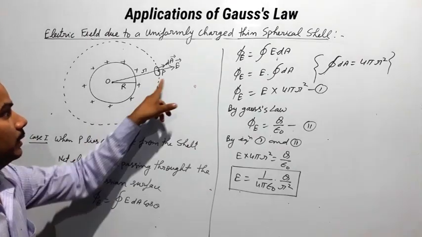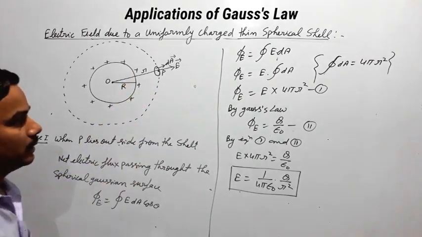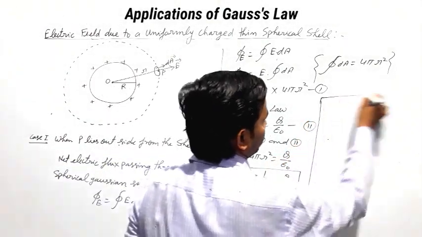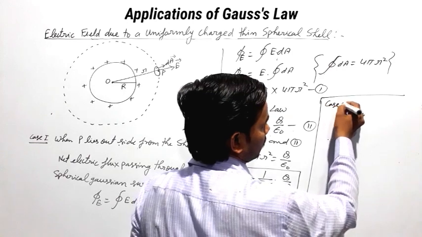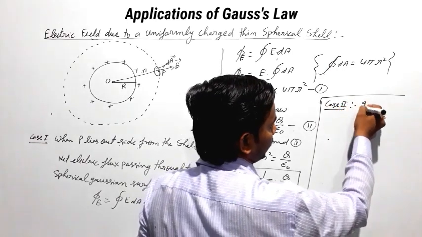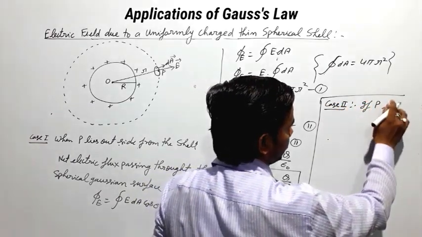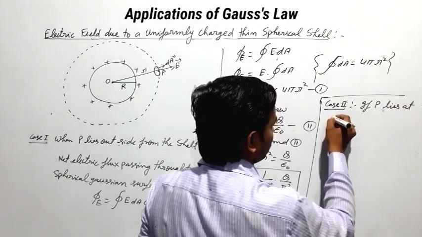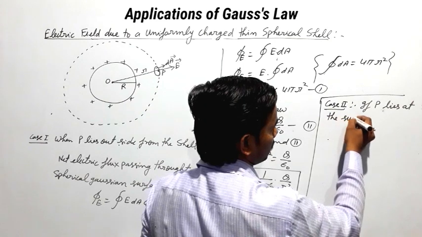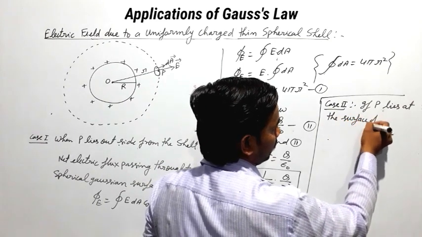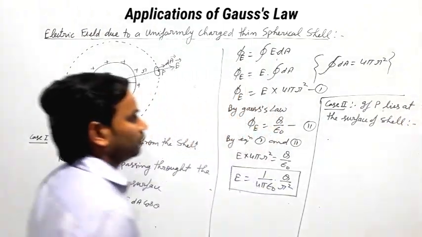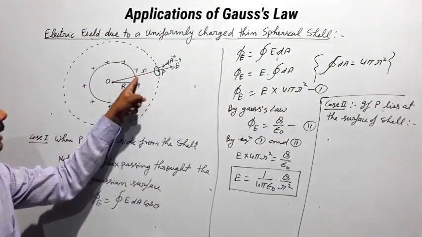Okay, now if we consider the point P situated at the surface, so case second, if P lies at the surface of the shell.